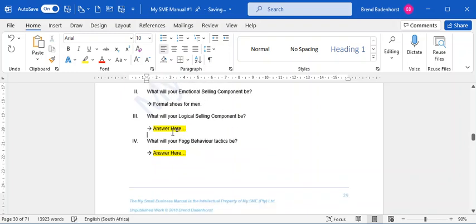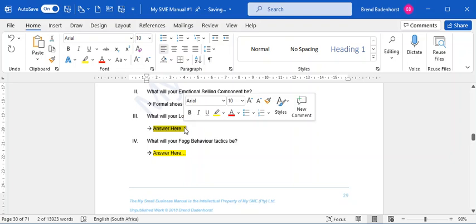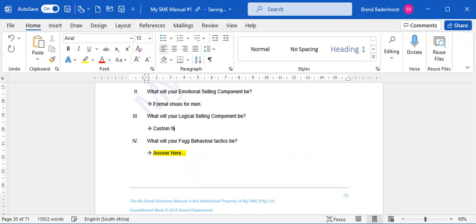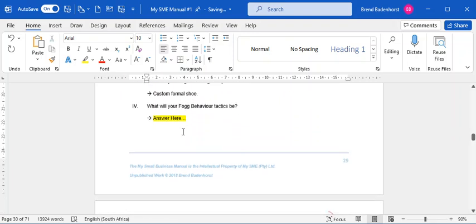What will my logical selling be? It will be a custom formal shoe for the customer. And my FOC behavior model will be to identify, in my opinion, that cost might be a problem. So I need to identify methods to make my product more affordable.